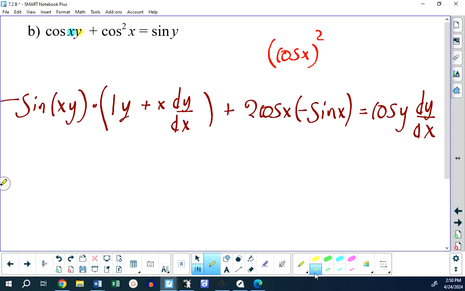So now how do we get the dy/dx by itself? This dy/dx is buried right now.